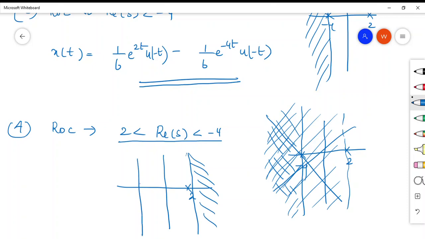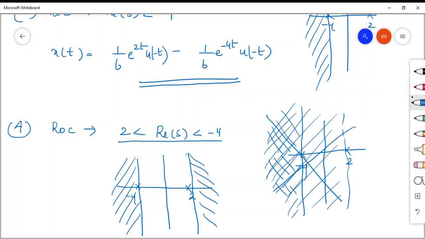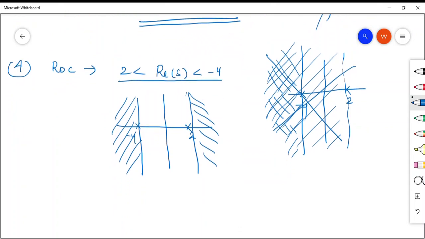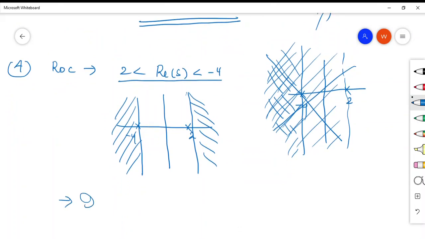In the second case, less than minus 4 means it will be coming here. So you don't have any region which is overlapping. So for this particular ROC, the inverse Laplace transform does not exist.